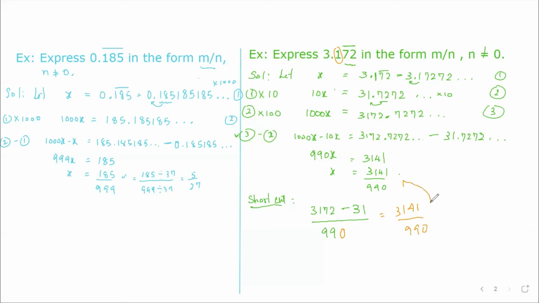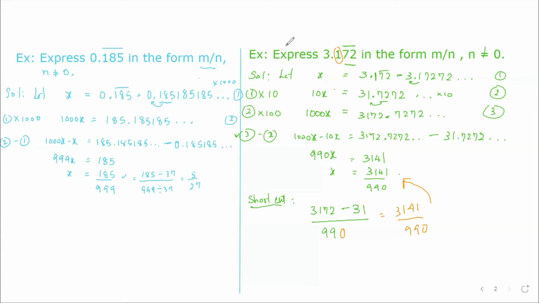So it's the same thing, correct? So this is the shortcut, and this is the answer for this one.